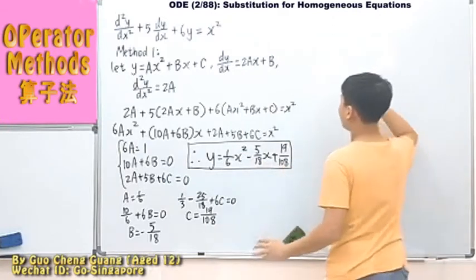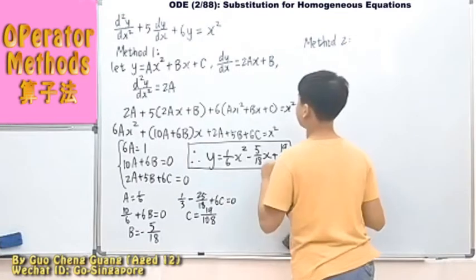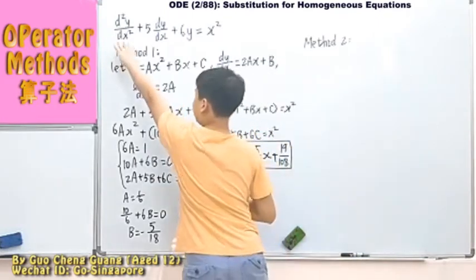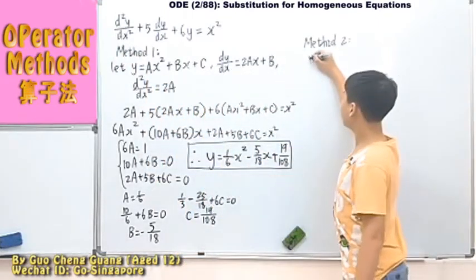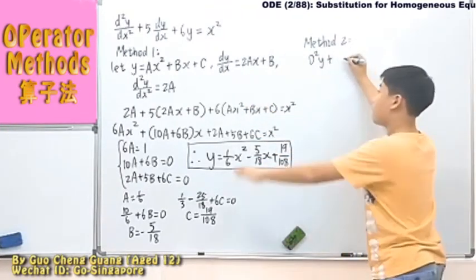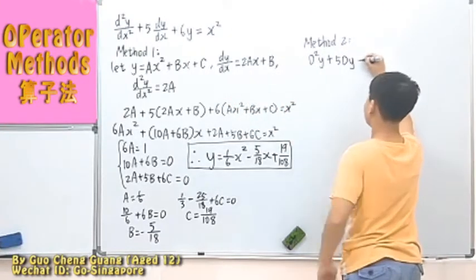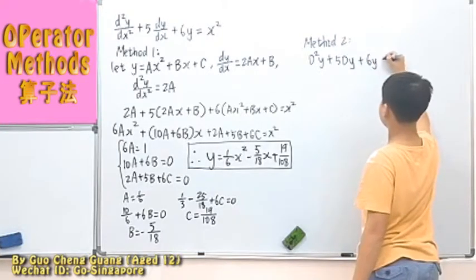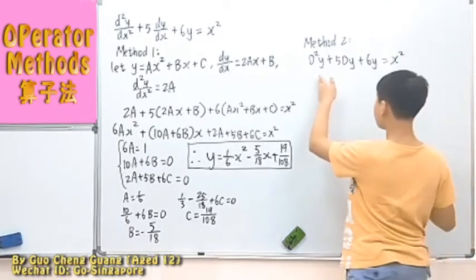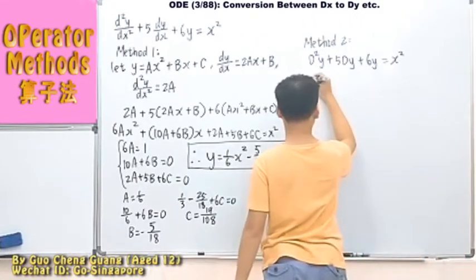Now we're going to use the operator method, which is the second method. For this operator method, we have d squared y, then add on 5 times the first derivative, dy, then 6y, and this is equal to x squared. In this operator method, it's like we're taking out this y.